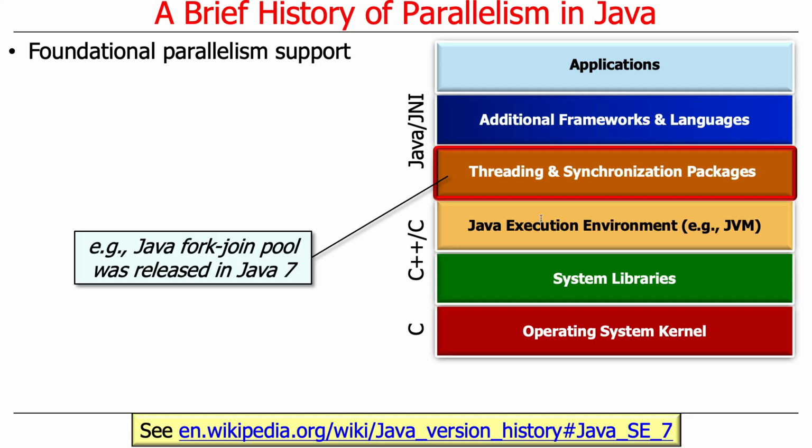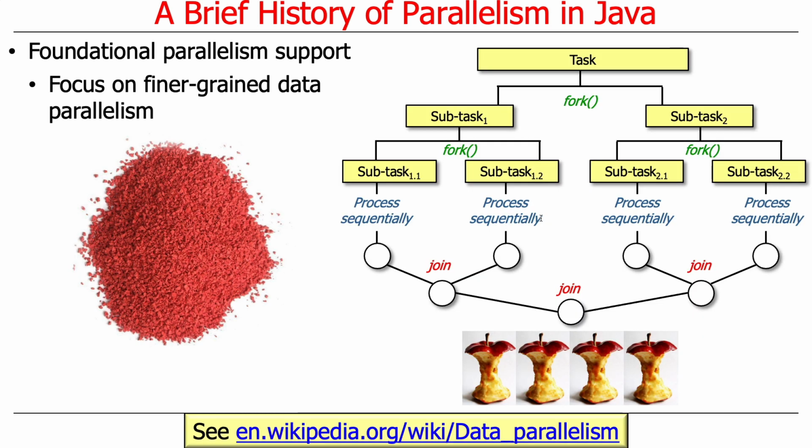Because of that, Java 7, which came out in the 2010 timeframe, added foundational support for parallel computing. What they added, which we talked about briefly in an earlier video, was support for the fork join pool. So Java 7, 2010, fork join pool. And as I talked about before, that was fine-grained data parallelism as opposed to coarse-grained task parallelism.